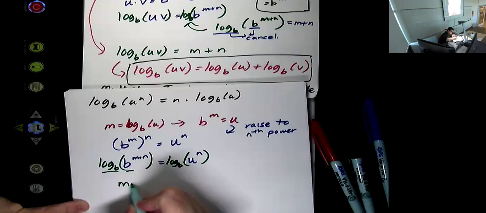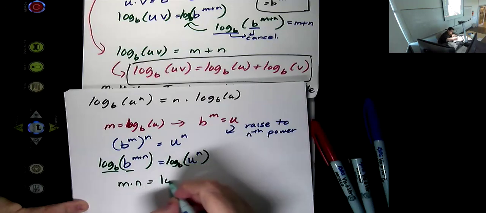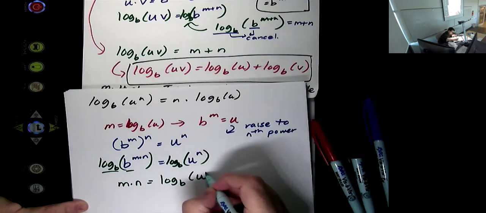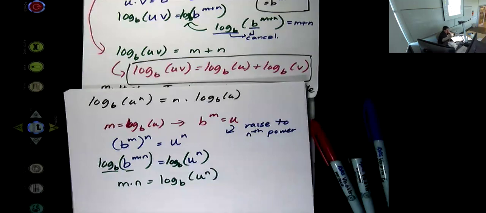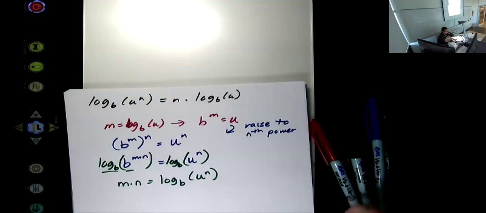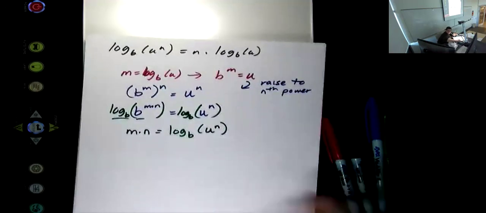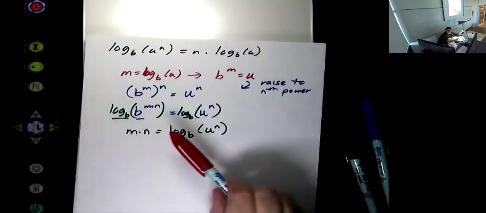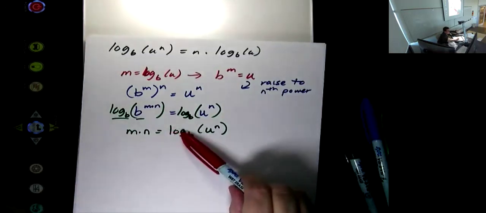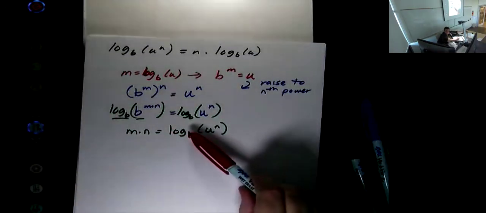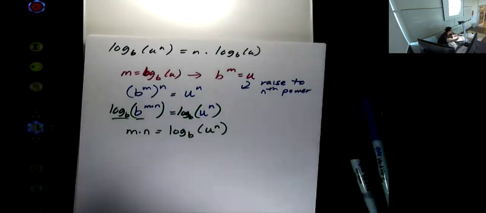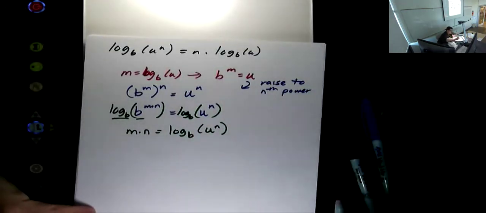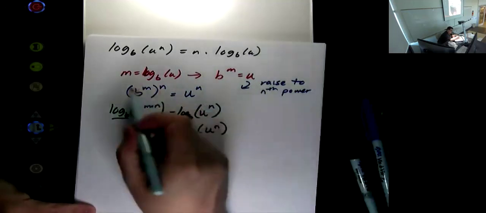This is just M times N equals log base B of U to the N. And finally, we have M right here.